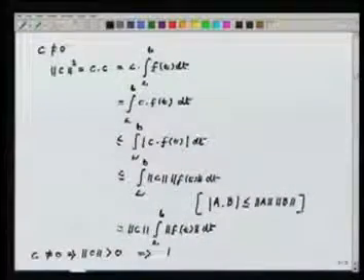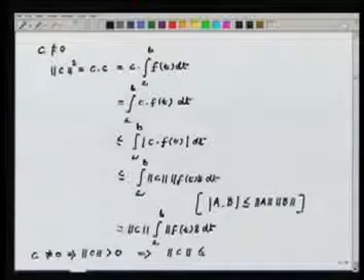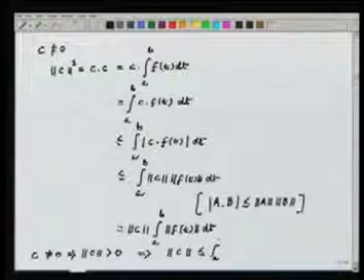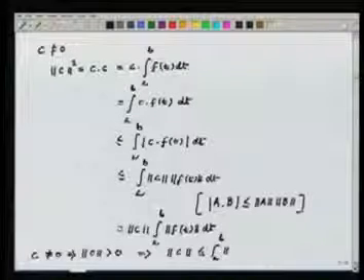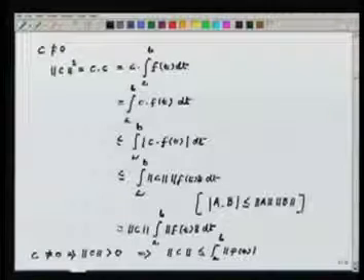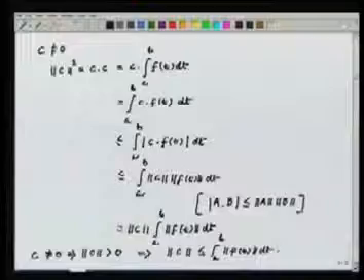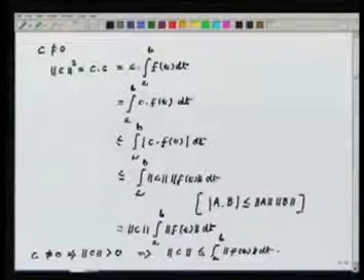If I do that, it implies from the above inequality that norm c is less or equal to integral a to b norm f(t) dt. Now, using this inequality, I will go to my next result. I call it a theorem.